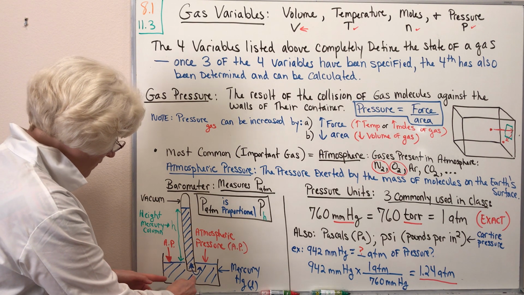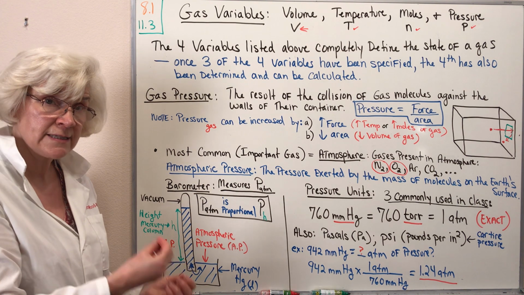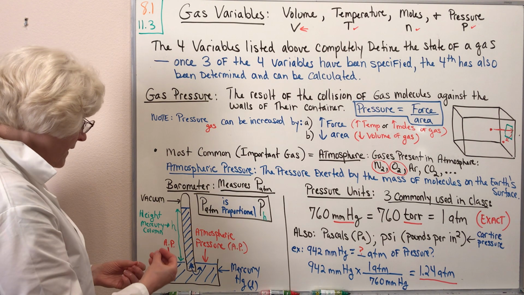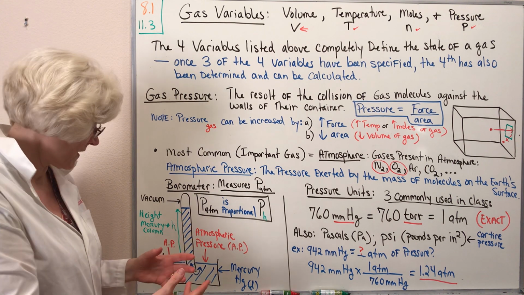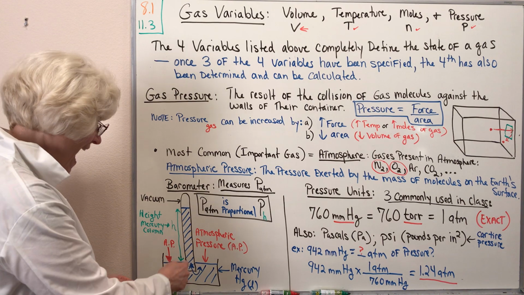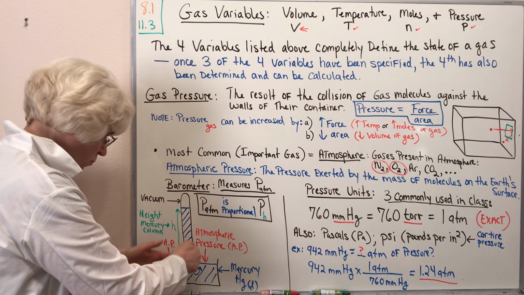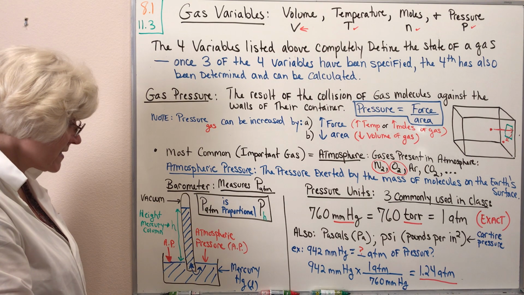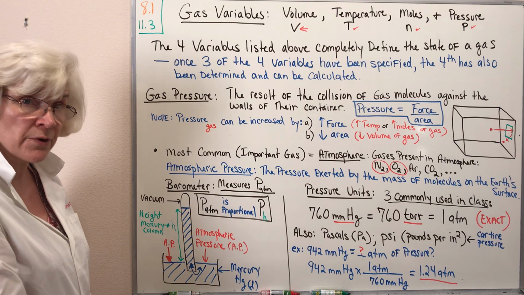Right, so the dish is full of mercury, the tube is full of mercury. Mercury is a very dense metal in the liquid state, so this column is exerting a force because of the mass and gravity acting on it. Why doesn't that mercury just run right out of the tube into the dish? Well, the answer is atmospheric pressure.